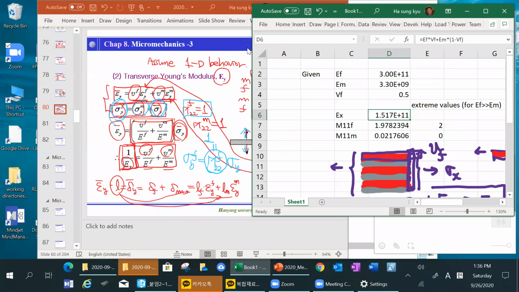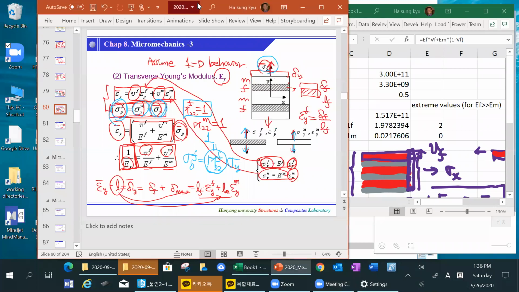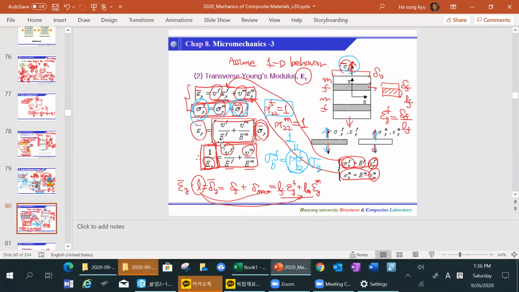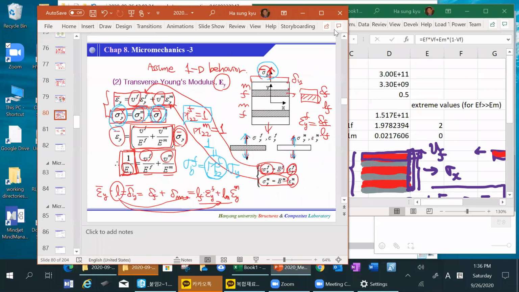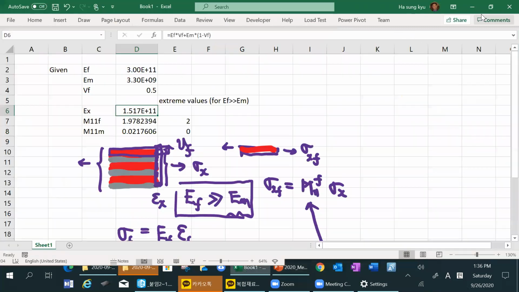But here we need to understand the meaning of the EF and the meaning of the EM. EF is the fiber stiffness, but in the transverse direction, right? Transverse direction. That's the one thing we didn't distinguish in the derivation, so we need to be careful.